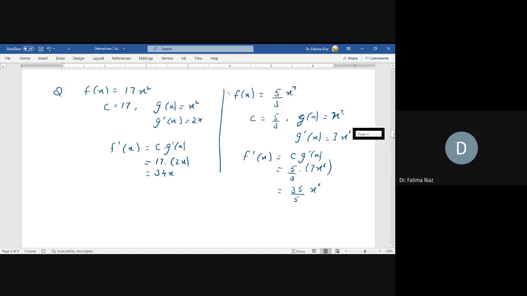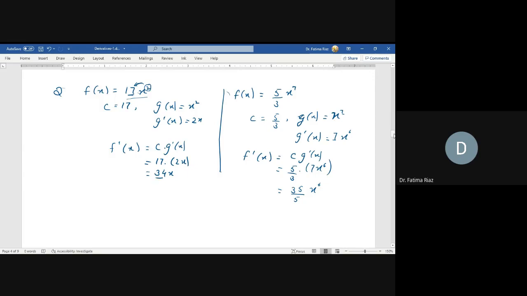Okay, from both these terms, you came to know that whenever I have this type of thing, this power is multiplying with this coefficient. You can do it directly. You don't need to use this formula when you know how it is going to happen, that this power is always multiplying with this coefficient. 17 into 2 is 34.